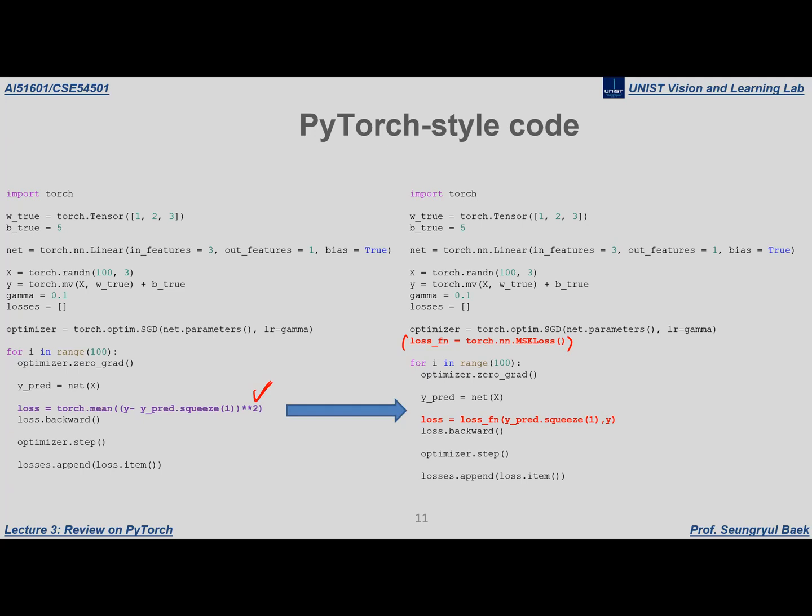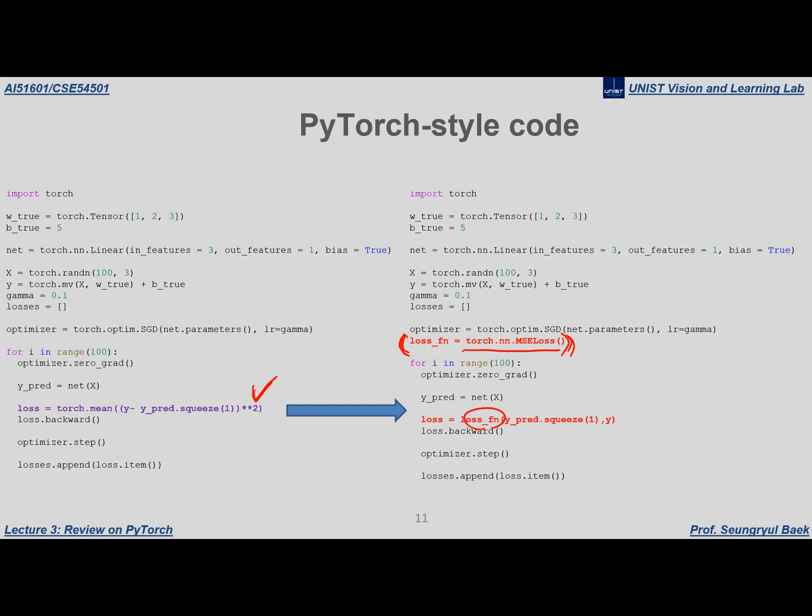It has multiple names, and it is frequently used in regression tasks. So we define it as this torch.nn.MSELoss function. Instead of implementing it directly, we can define the MSE loss built into PyTorch, and then call it like this.